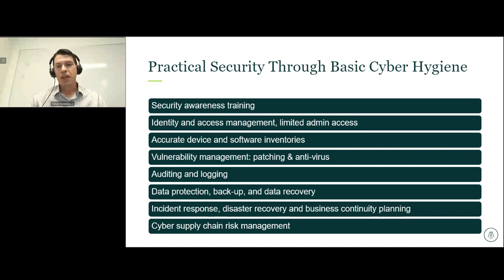What they define as the minimum necessary for basic cyber hygiene is a foundation of 56 cyber defense safeguards out of a total of 153 safeguards. We've condensed those 56 controls into these 8 areas, and we'll go through each of these in more depth.